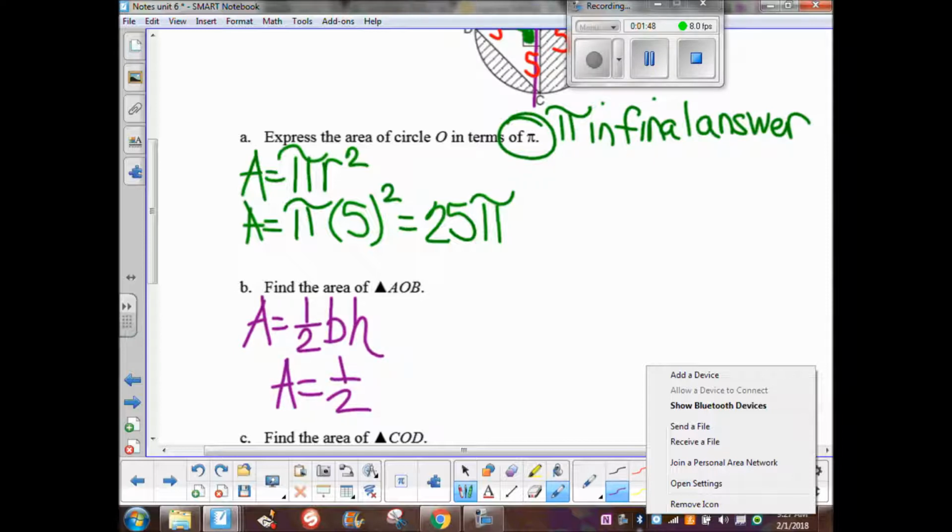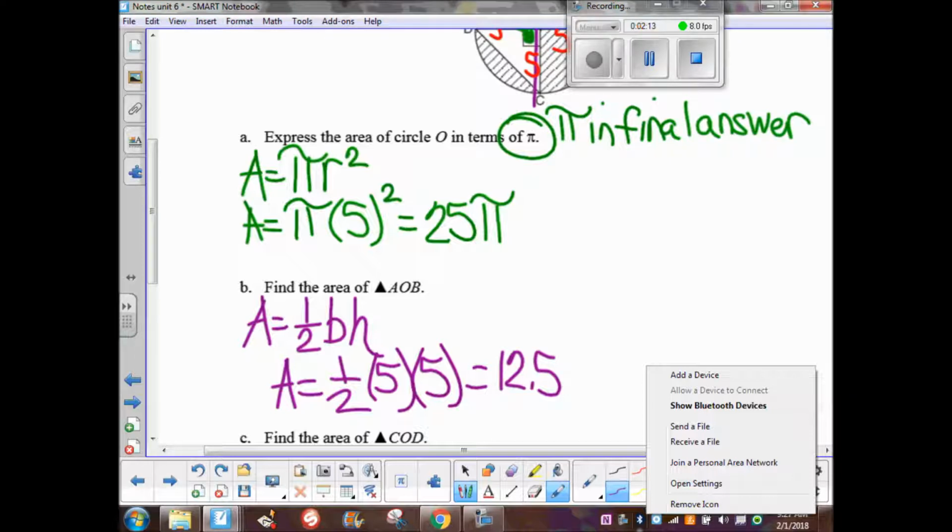What's the base of that triangle? 5. And what's the height of the triangle? 5. So what's 1/2 of 25? 12.5.